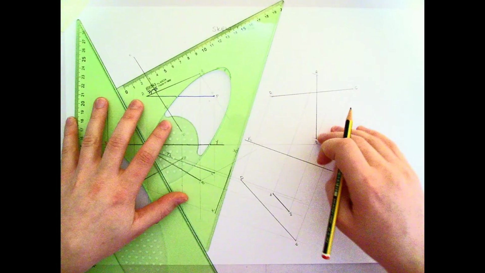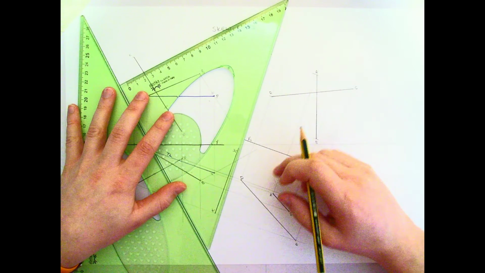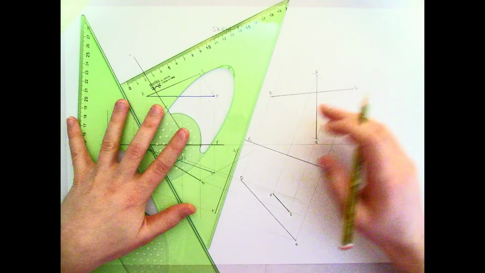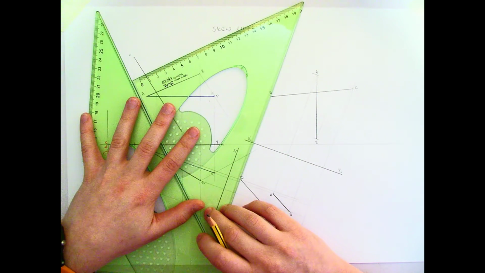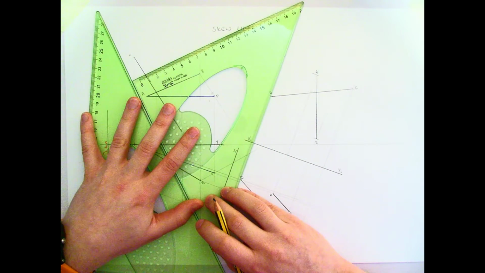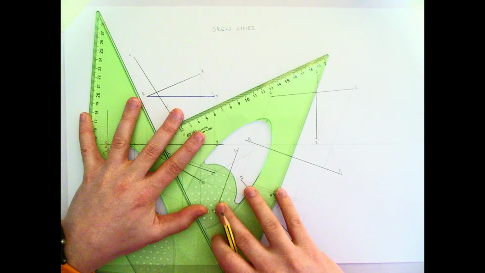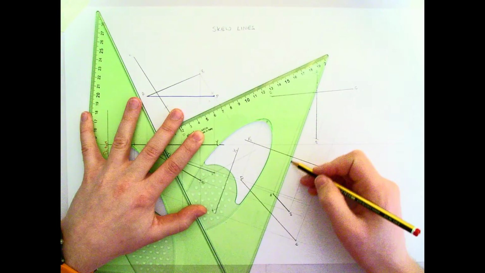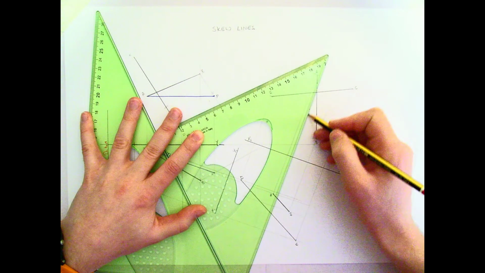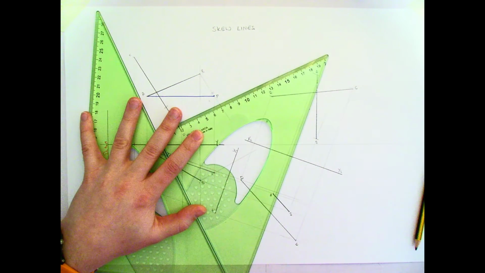So everything up to this point now has been trying to find the answer to the question. Now I've solved it, I just need to draw my horizontal line. So I'm going to take this point and project it back down into the auxiliary elevation.